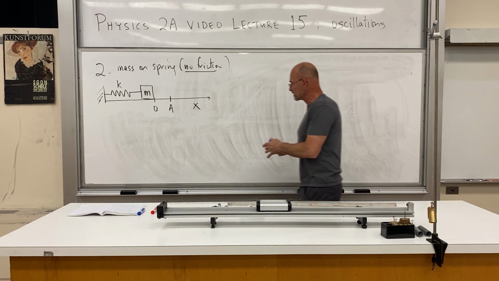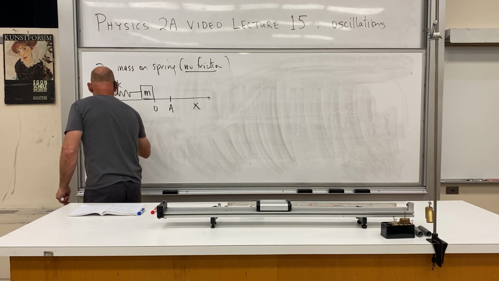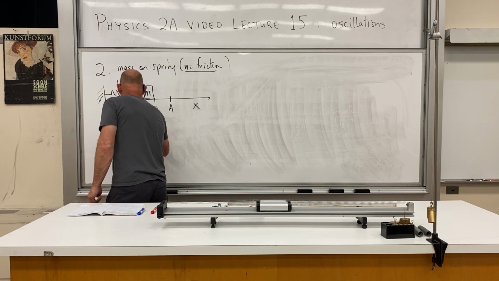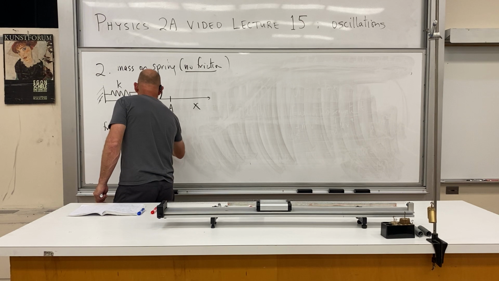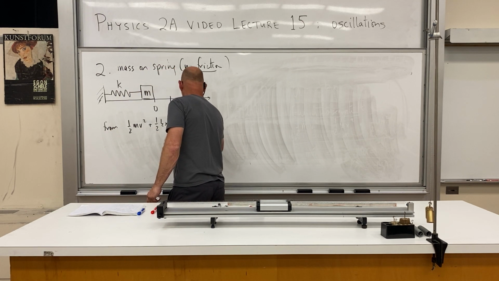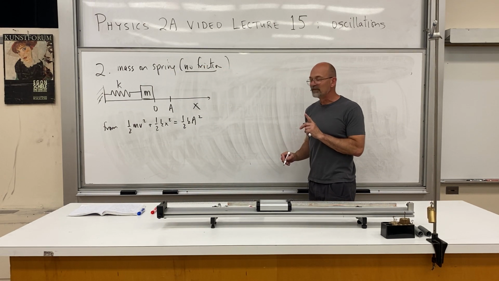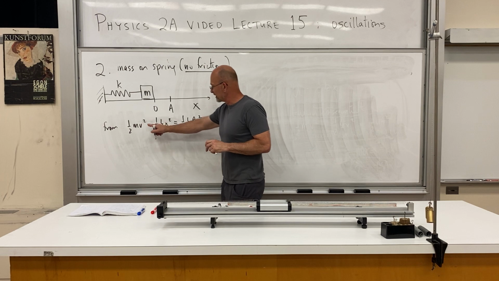Okay, so we had the conservation of energy. So from 1/2 mv squared plus 1/2 k x squared equals 1/2 k a squared for this system, we're going to solve for v. And that's pretty basic.